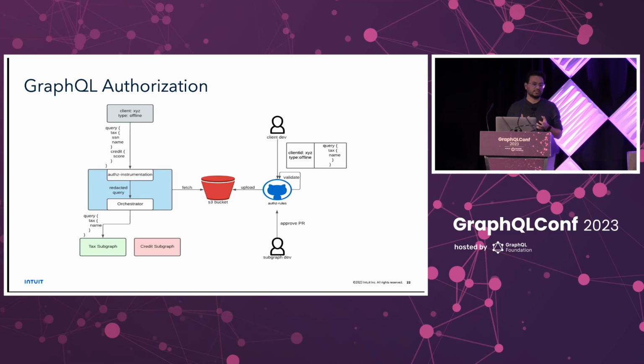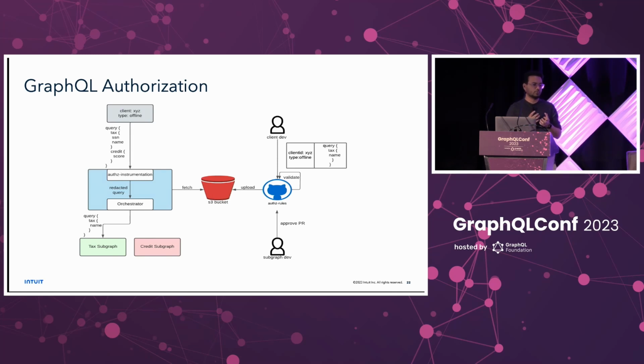The benefit is, in this example, if the credit service query is redacted, we don't call the credit service at all. So network optimization there.